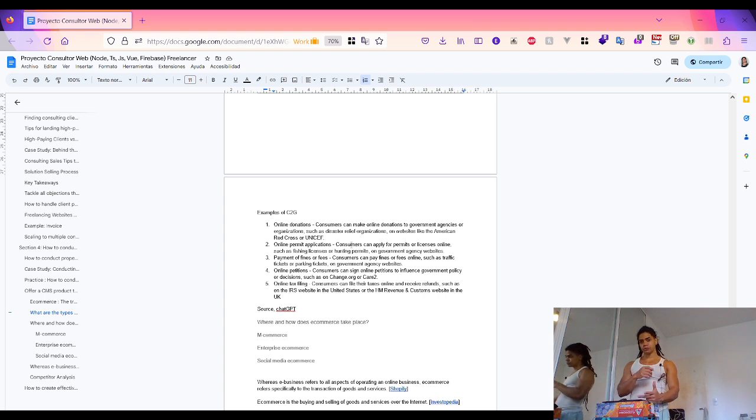Supply portals like the Walmart Supply Center or SAP Ariba Network, where the whole idea is to streamline the supply chain and procurement process for businesses when they have to deal with large volumes of products or goods, for very large businesses.